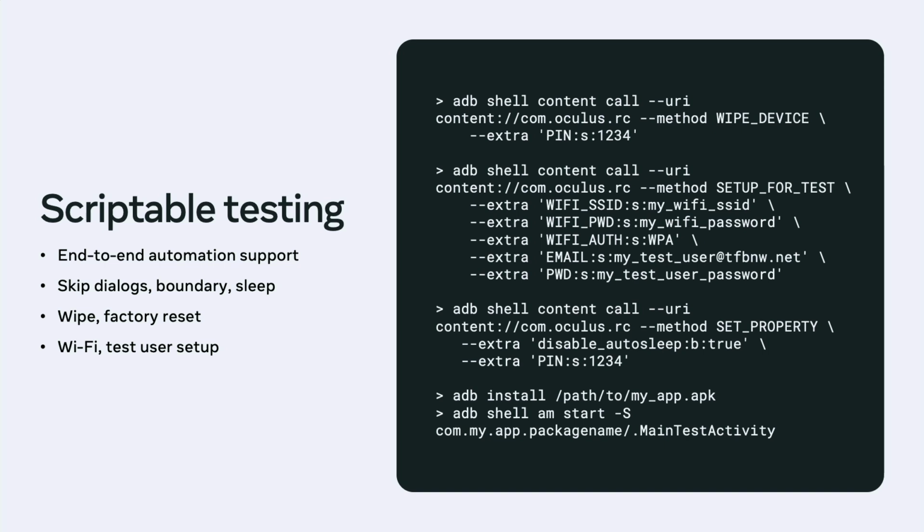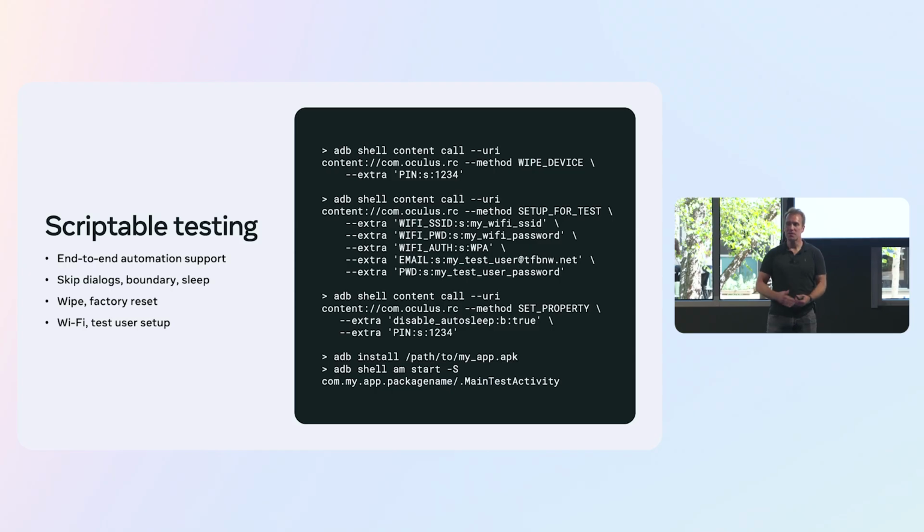But there are certain things that you need root for without MetaQuest Scriptable Testing, such as disabling that boundary system, wiping your device, disabling proximity sensor and therefore the device going to sleep, controlling the clocks. These are all things that we've now exposed through ADB commands, and so you can use, for example, Python to invoke those. And we also have a number of script samples.